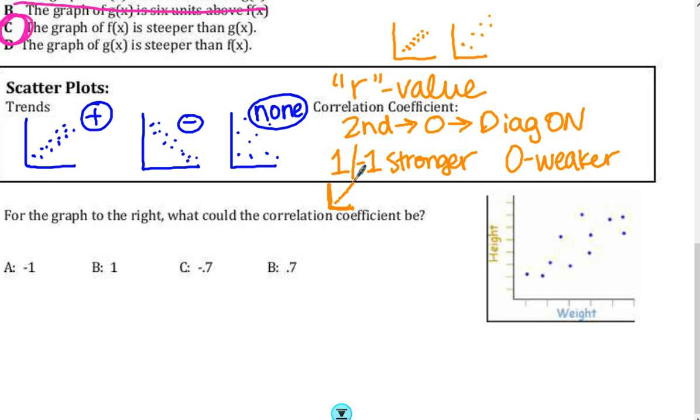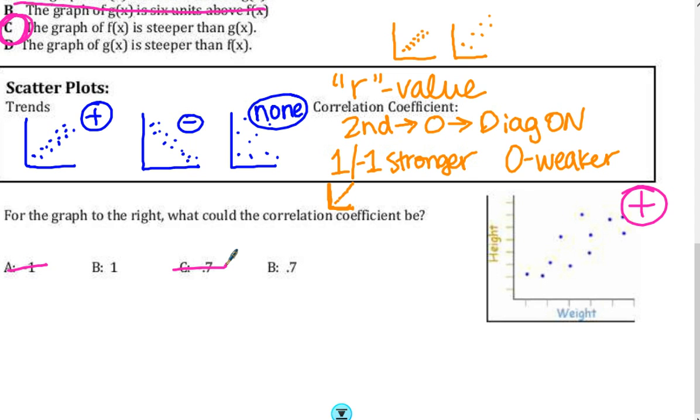So looking at this first example for the graph to the right, what would be the correlation coefficient? Well, first, what kind of correlation do we see here? Positive, negative, or none? And hopefully you're saying it's positive. Yes, this is positive correlation. So since it's positive, I can eliminate my negative answer choices. Now I'm left between 1 and 0.7. Well, remember the conversation I just had.